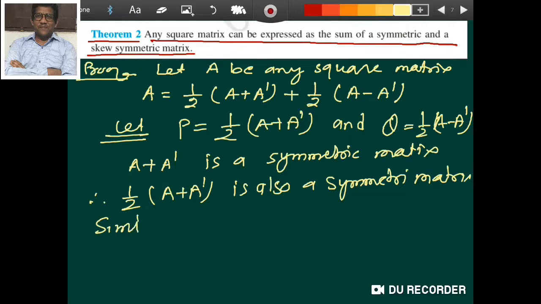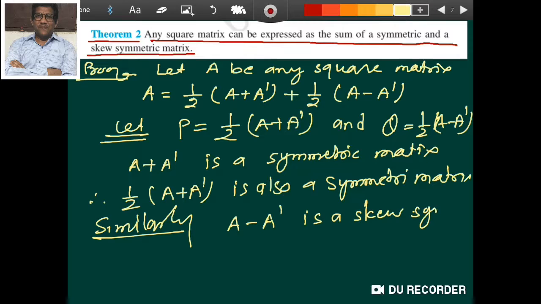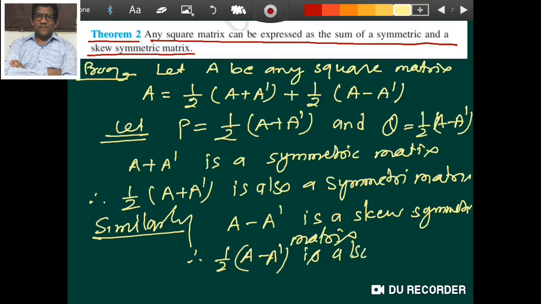Similarly, A minus A dash is a skew symmetric matrix. Therefore, half of A minus A dash is also a skew symmetric matrix.